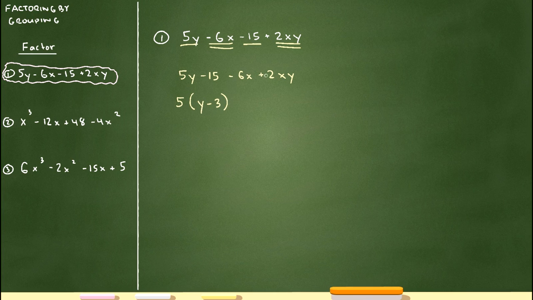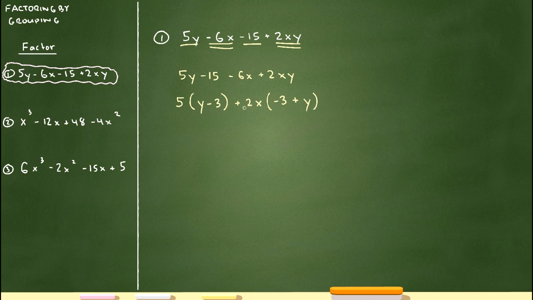Now, for negative 6x and positive 2xy, what would the greatest common factor be? Well, we have a factor of 2 in common, and we also have an x in common. So once we pull this out, we're going to get negative 3 plus y.